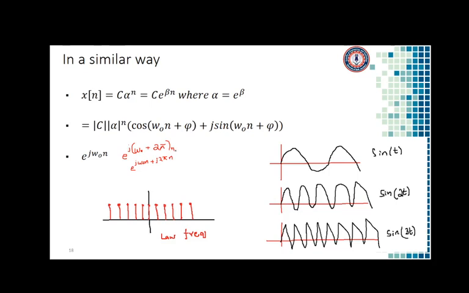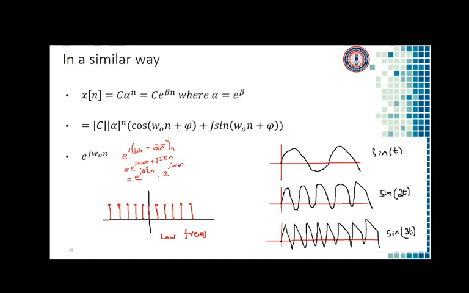Basically this j and n are multiplied with omega naught and 2 pi; I have just expanded the bracket. And then I can simplify that to write e power j 2 pi n times e power j omega naught n.